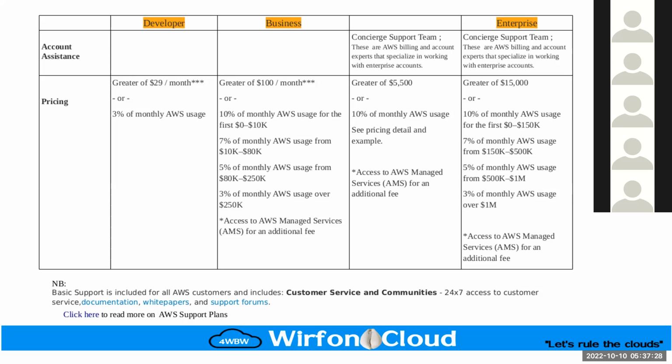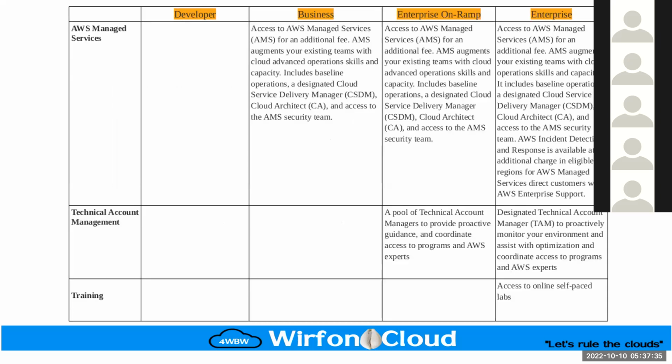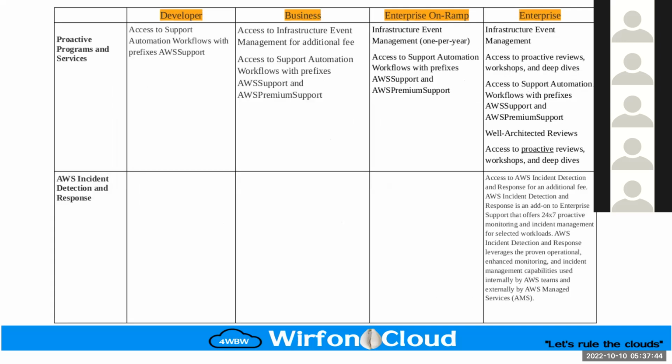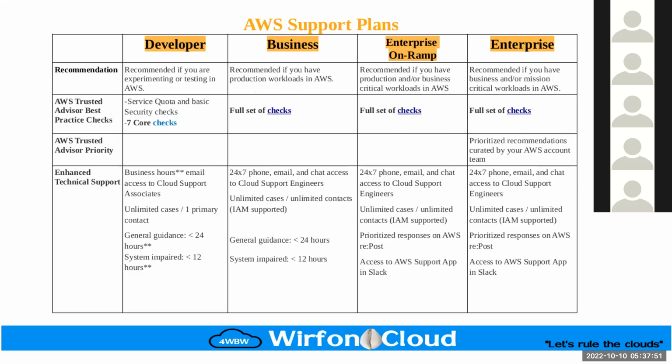So when you think about the self-paced labs, the concierge support, the designated technical account manager, the AWS Incident Detection and Response, and prioritized recommendations curated by your AWS account team, you should be looking at the enterprise plan.